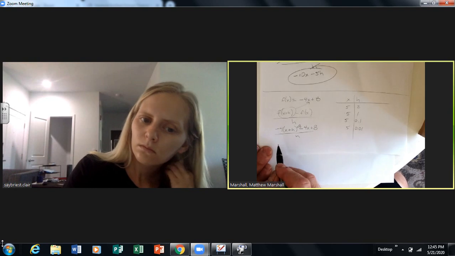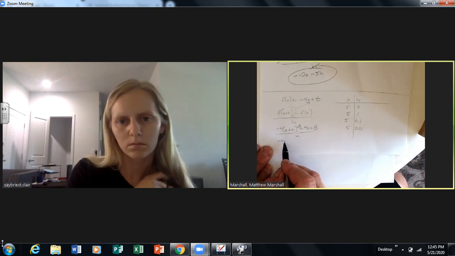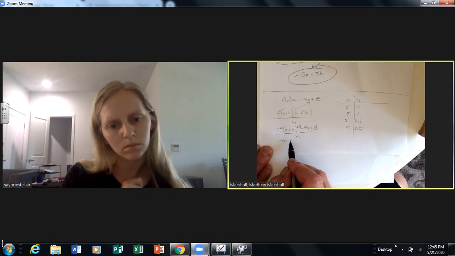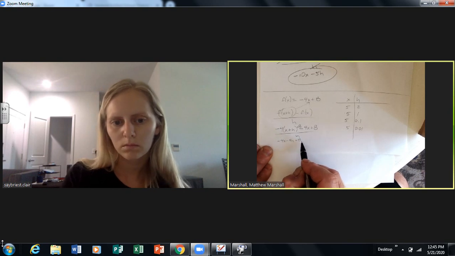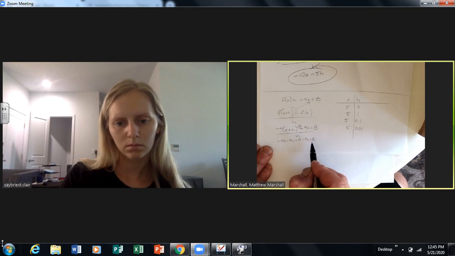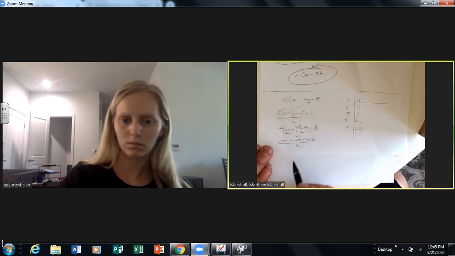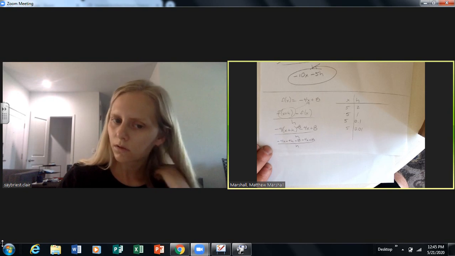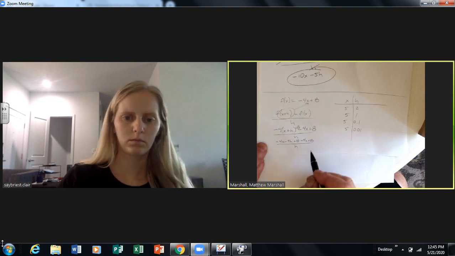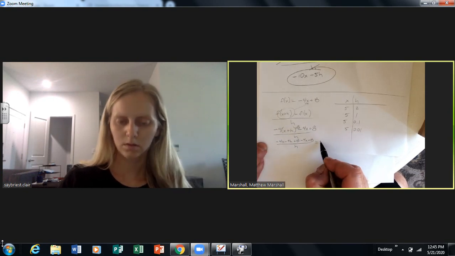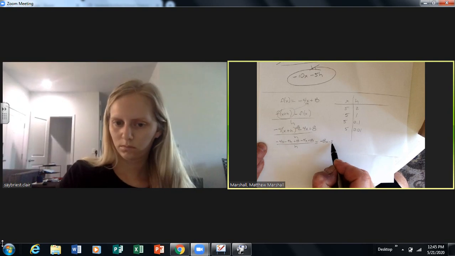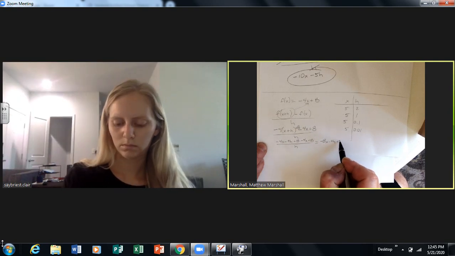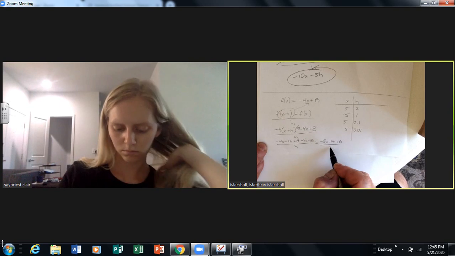So I'm looking at negative 4x minus 4h plus 8 minus 4x plus another 8 over h. Ooh, this looks a little messy. So it ends up being negative 8x minus 4h plus 8 over h.